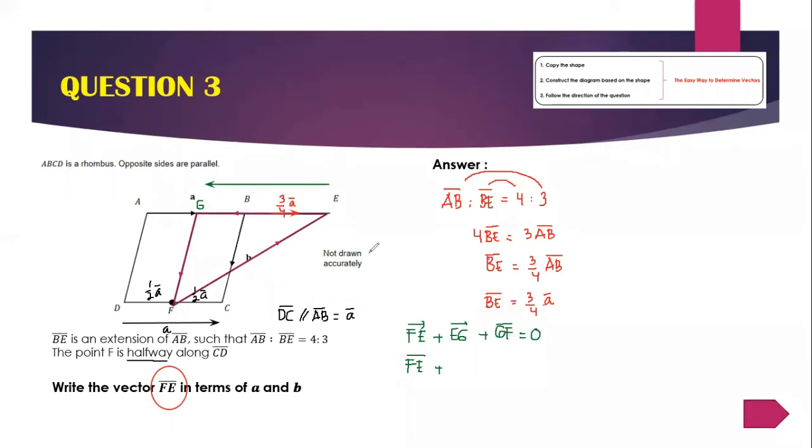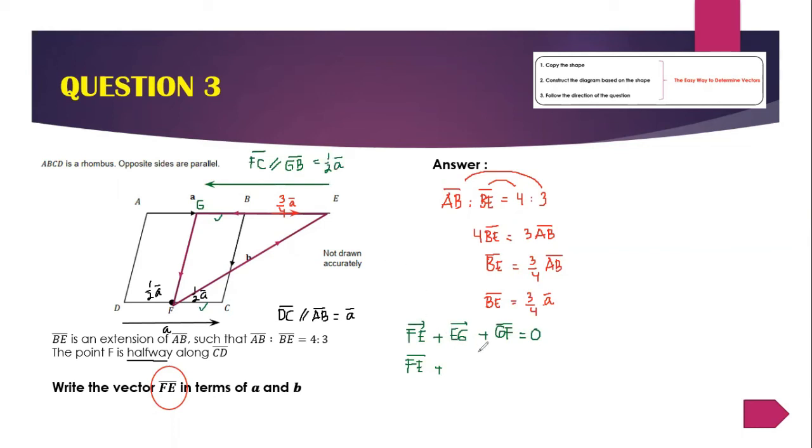So vector EG is opposite to 3 over 4 a and vector BG. Vector FC is parallel to vector GB, equal to a half a. Is it clear to you?